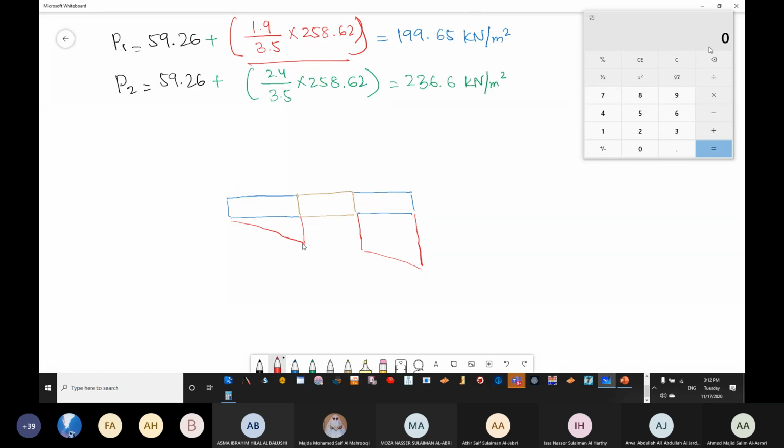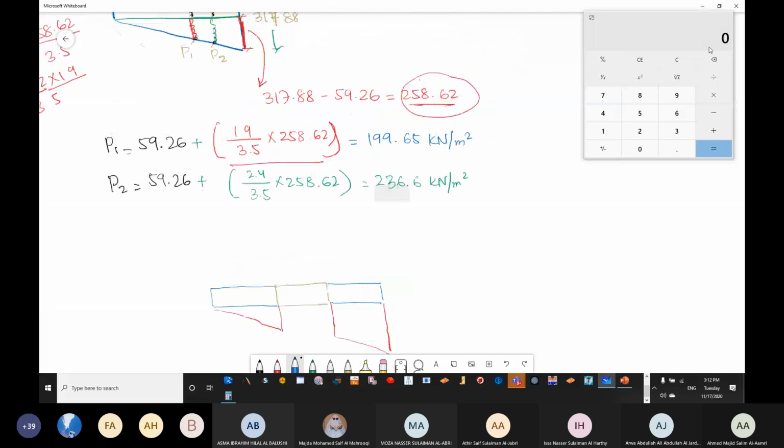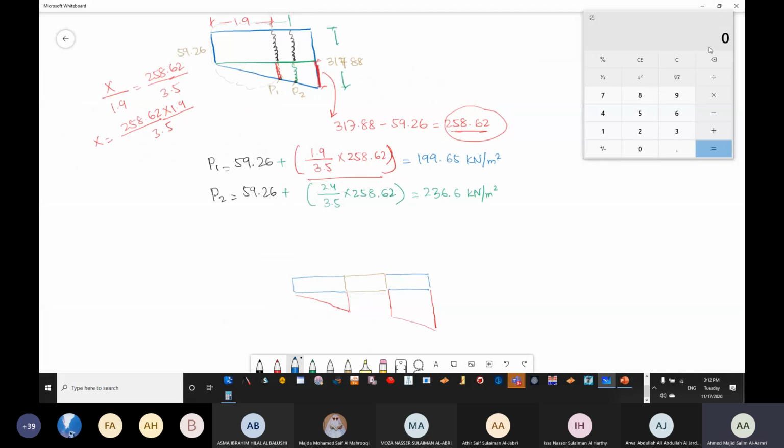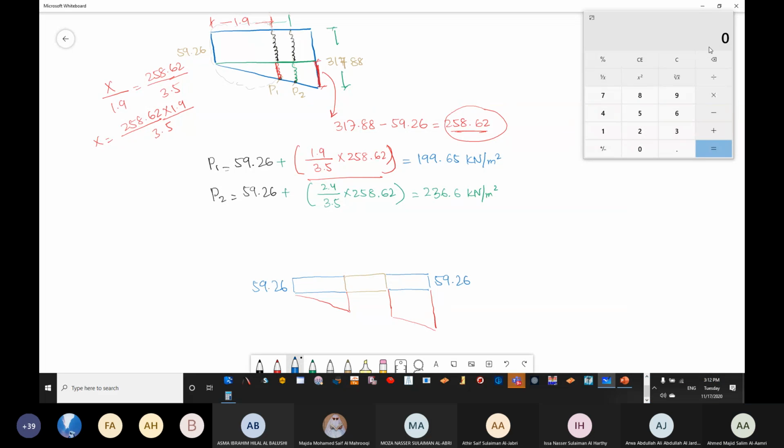Anyhow, we know that this is 59.26, and this is 59.26. Now this has been calculated as 258.62.